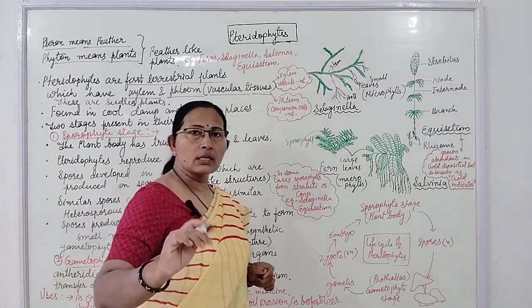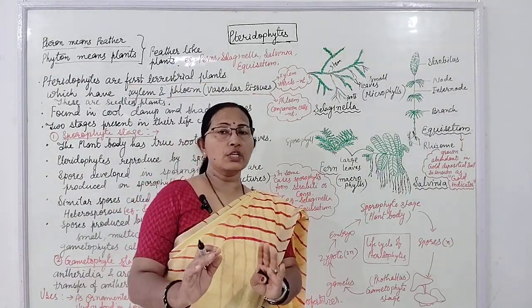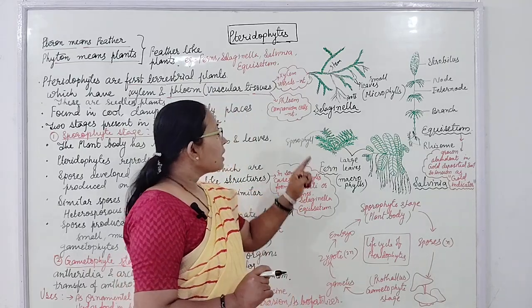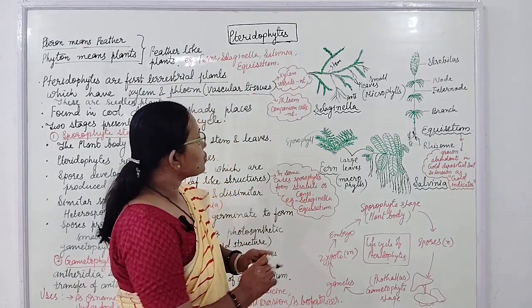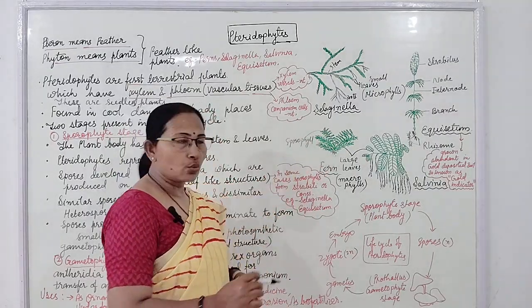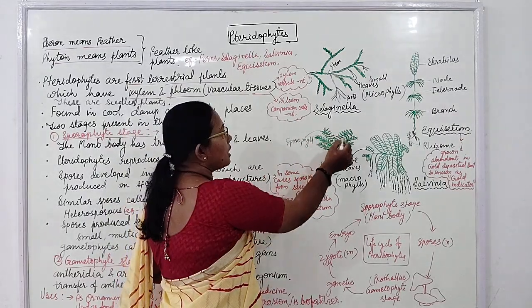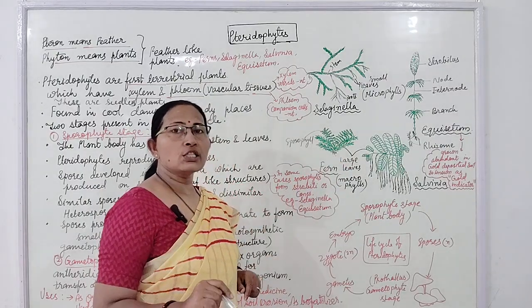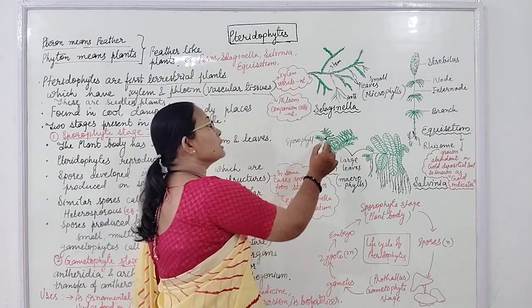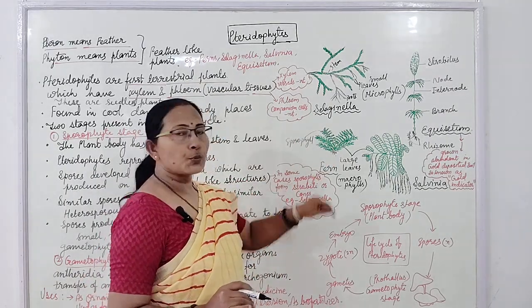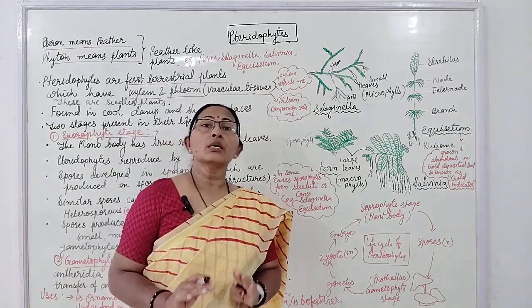The organ which forms spores is called the sporangium. The leaf-like structure is the sporophyll. We can see here that on the sporophyll, sporangia are present, and inside the sporangia, spores form and develop.